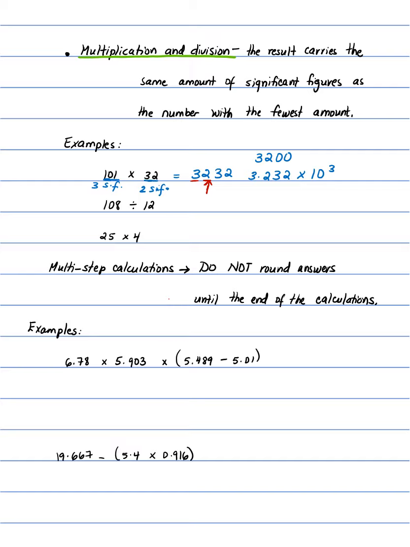You see, 3,232 is the same as 3.232 times 10 to the third. Those two numbers are representing the same thing. Now, you still need two significant figures in your number, so you can just round this one.